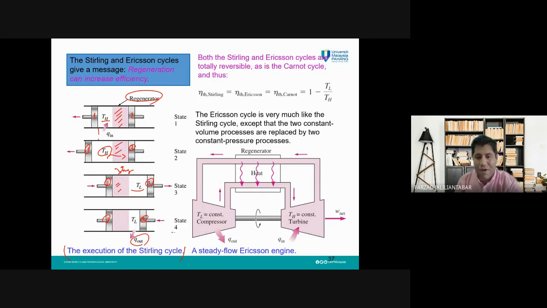To go back from state 4 to state 1 and complete the cycle, we need to push piston number 2 until it reaches the regenerator, and the whole gas here will again transfer through this regenerator. How about its temperature? This compression is an isothermal heat rejection process.